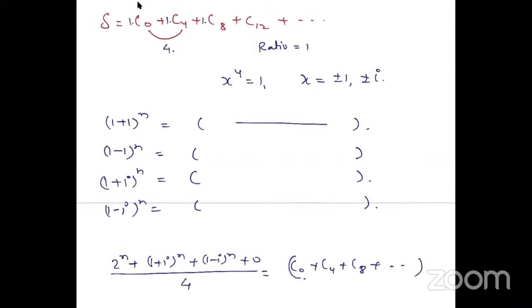So only finding the roots can give you the answer, right? Only finding the roots will give you the answer.